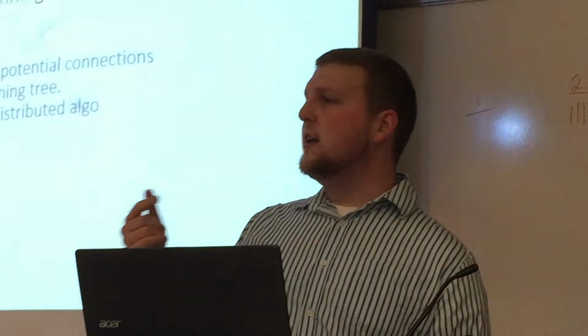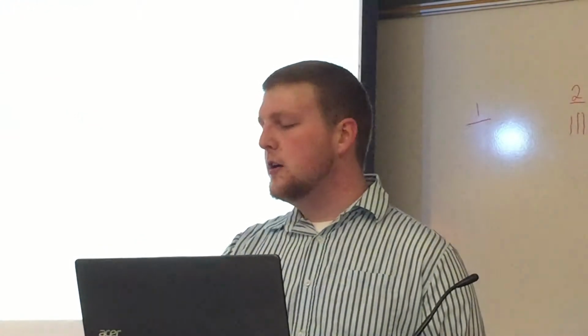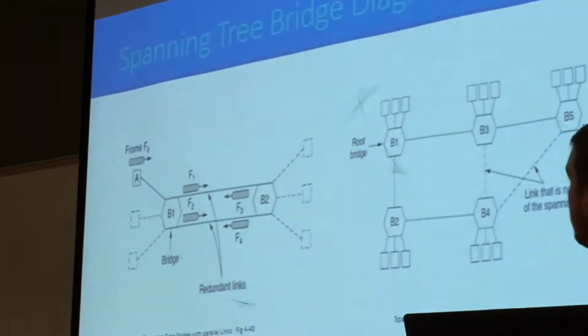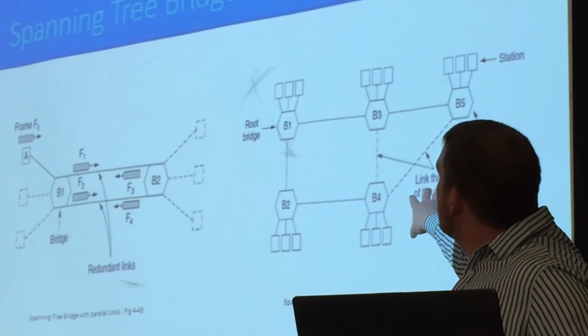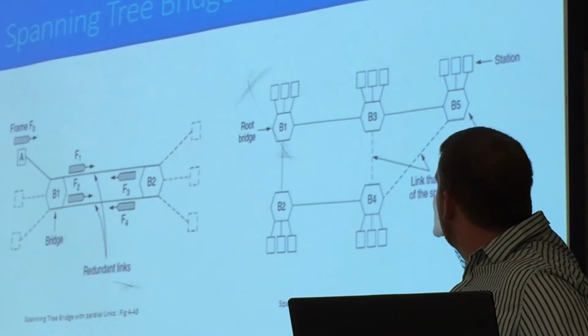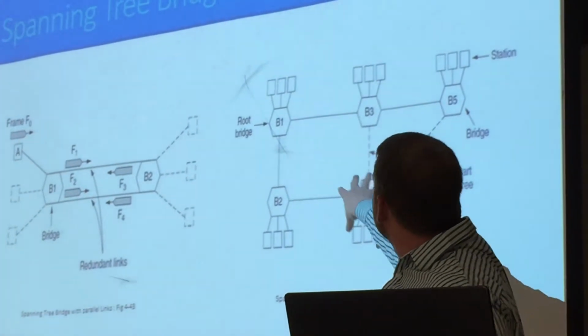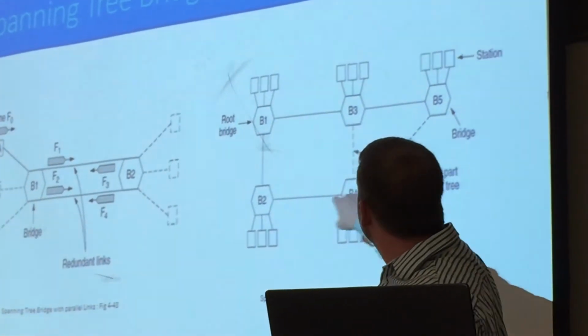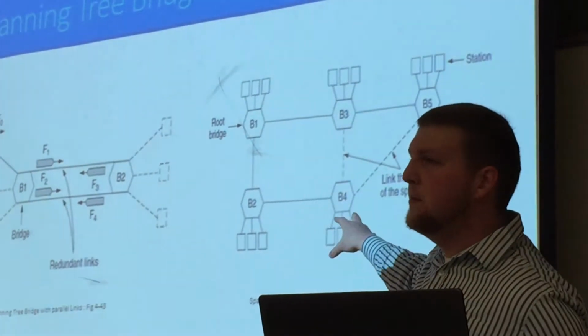So you first have to pick a root node. Here is an example of a spanning tree bridge diagram. This is a network, and you see if it had these connections, it would have loops within the topology.